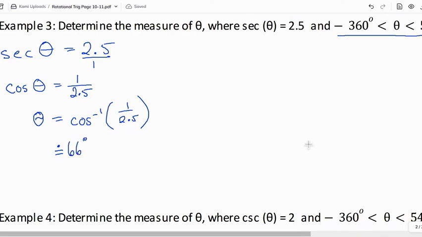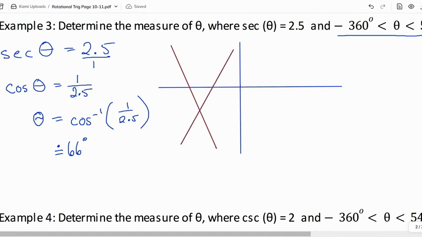Okay, so 66 degrees is going to be our reference angle, and it will be our first angle because every angle is positive in the first quadrant. Now, because secant is a positive 2.5, which quadrants will this angle exist in? Well, it's going to be positive wherever cosine is positive.